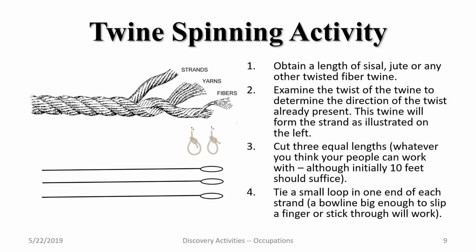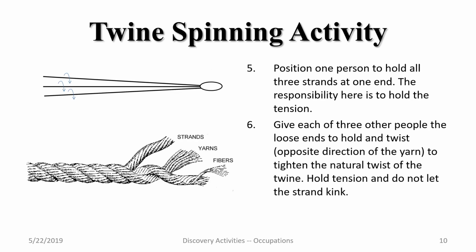Tie a small loop in one end of each strand. A bowline knot big enough to slip a finger or a stick through will work. Position one person to hold all 3 strands at one end. The responsibility here is to hold the tension.